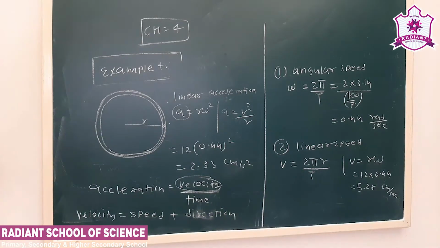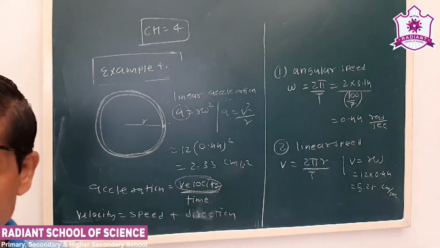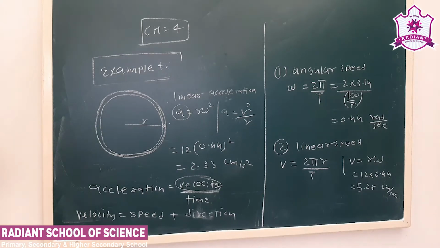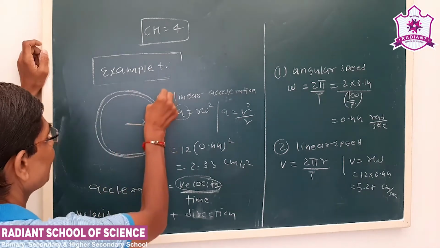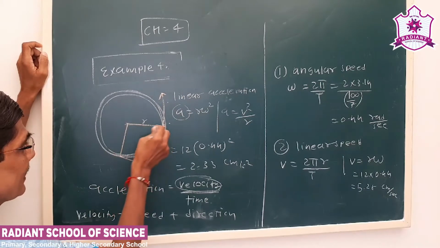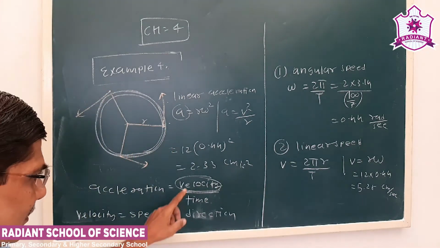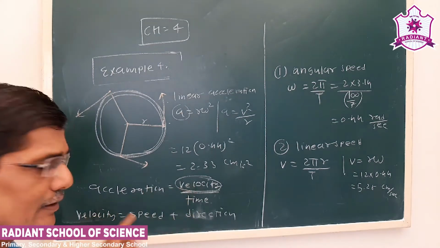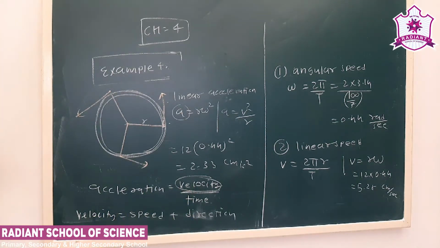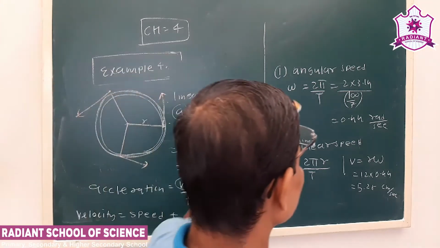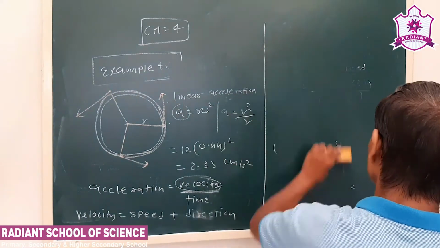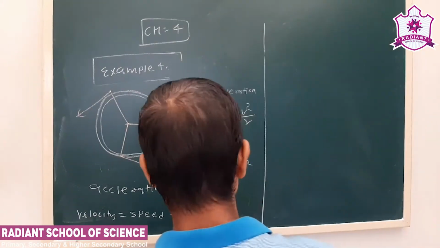Now what we discussed in uniform circular motion, see, the value of the speed remains constant but the direction is continuously changing. Okay, so that's why velocity changes, and acceleration also is a vector quantity. So the magnitude of the acceleration will be same but the direction will be continuously changing. So here the magnitude remains same.